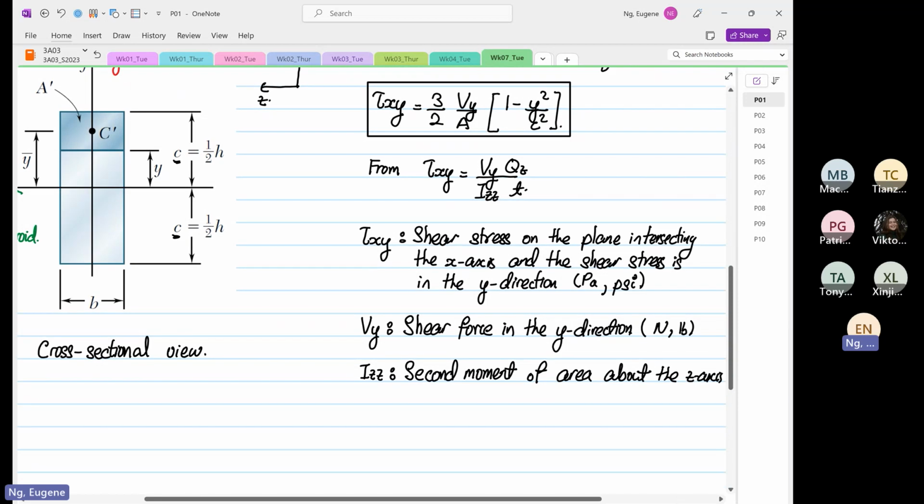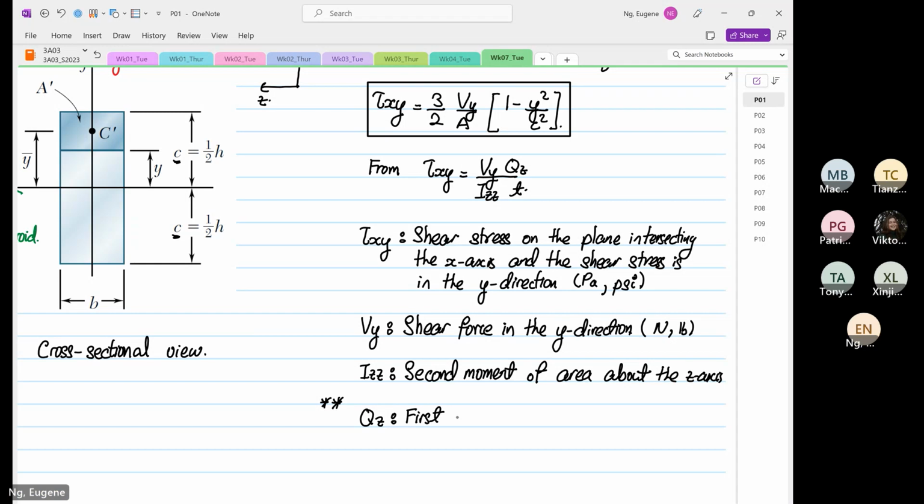And then Qz, let me be straight on Qz, because it is one thing that can be confusing. Qz is the first moment of area about the z-axis.